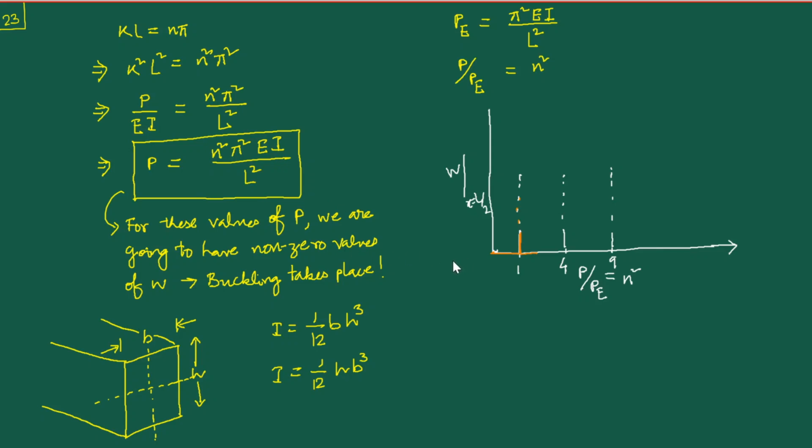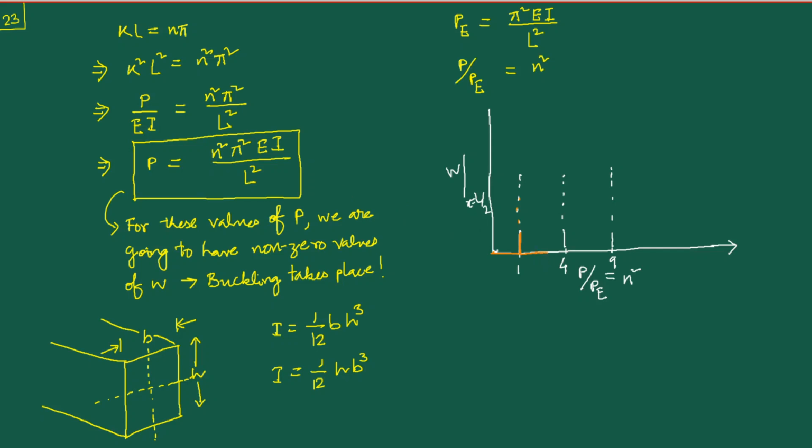Now, this particular thing, that it does not predict buckling for values intermediate between two such critical values, is a little bit of a problem with this theory. It is one of the drawbacks that even though it is predicting buckling for a value pi square EI by L square, for a slightly larger value it is predicting no buckling, which seems a little bit weird.